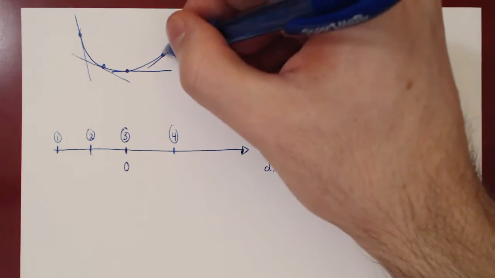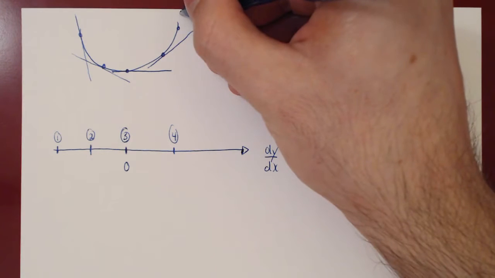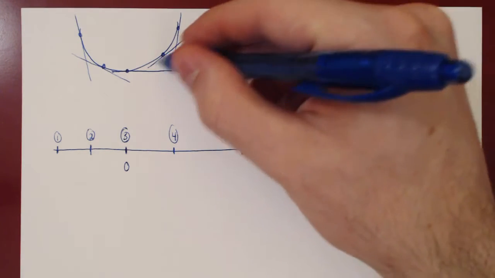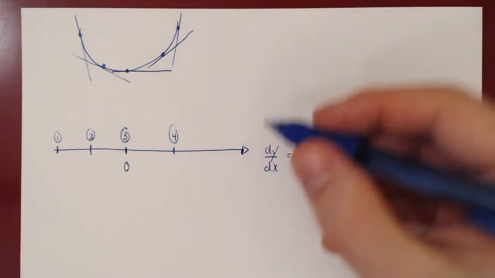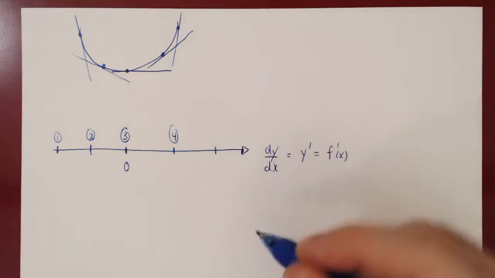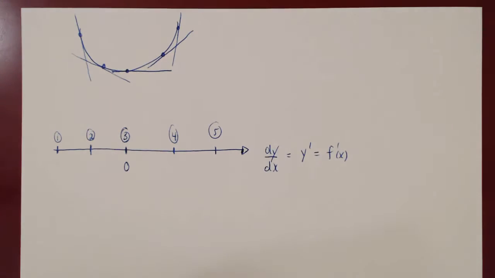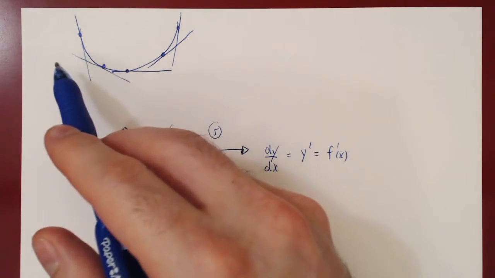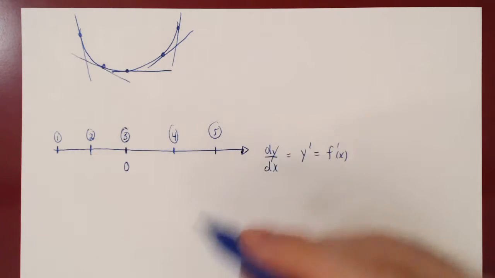And if you move even further to the right and draw the tangent line at this point, you can see that it's still increasing, but it's even steeper than this line, so the derivative here is even bigger than the derivative here. So we get an even larger value of our derivative. And look at what's happening to the derivative as we move from left to right along a curve that is concave up.